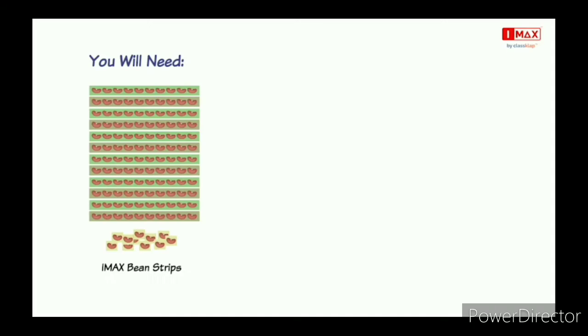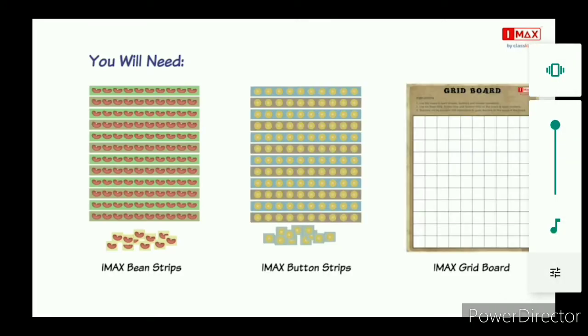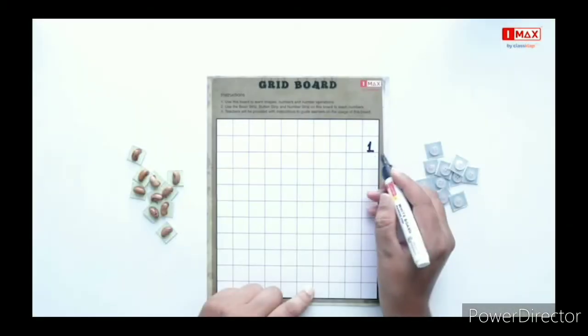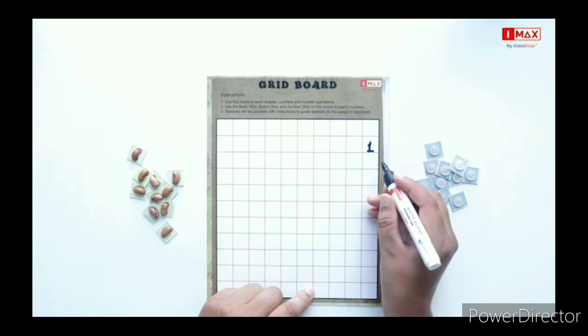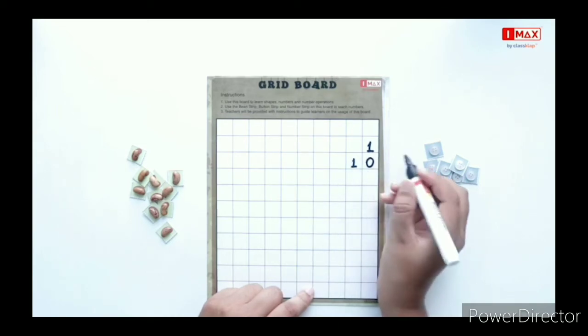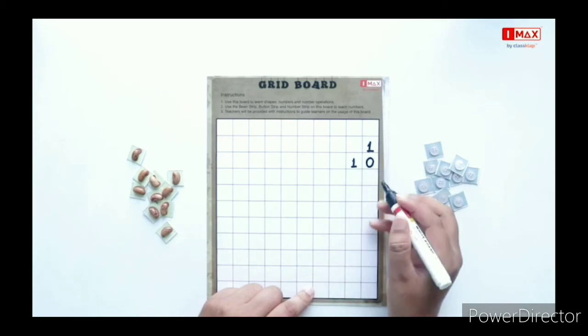In this video, you will need the IMAX bean strips, the IMAX button strips, and the IMAX Gridboard. What's the number we have written on the gridboard? It's 1. What if we add a 0 to it? This is a 10.